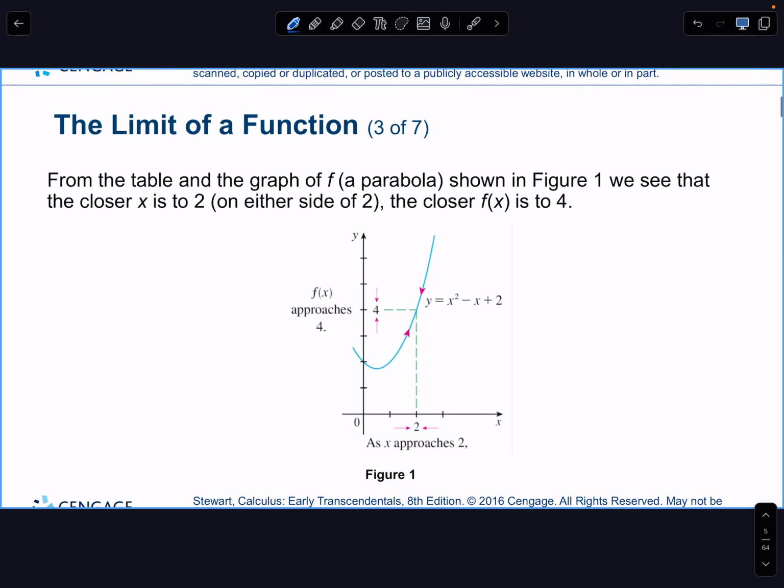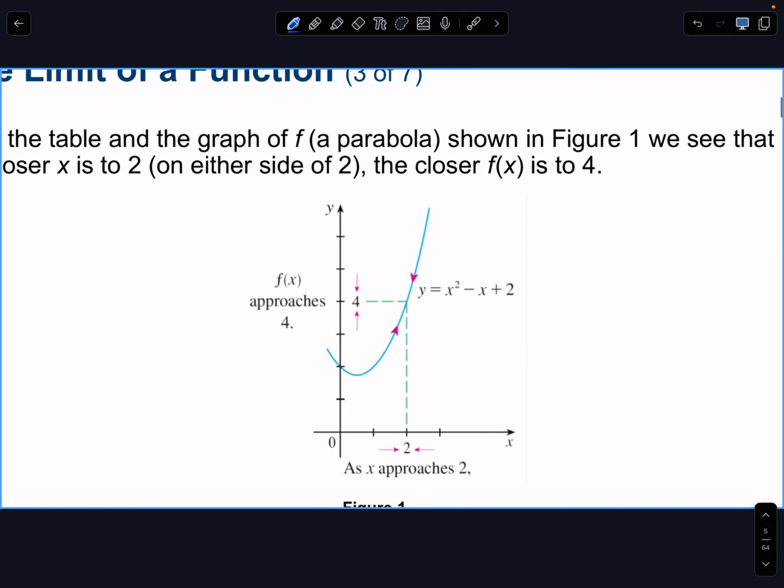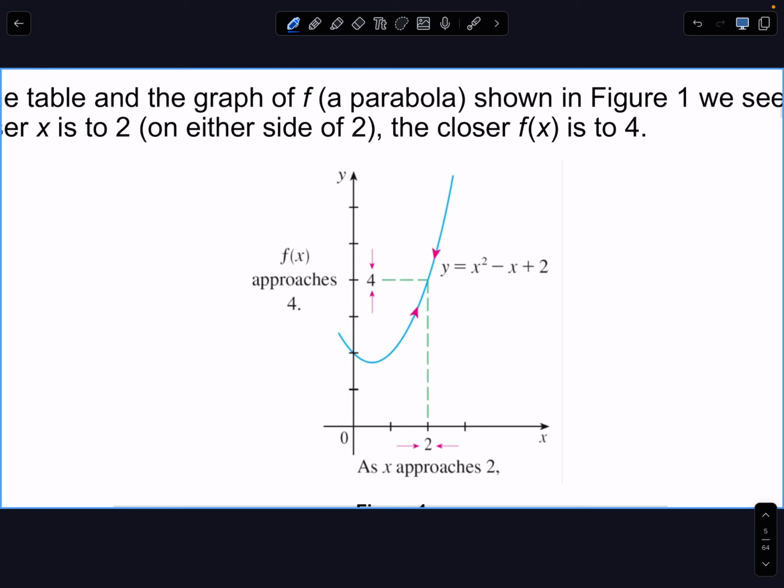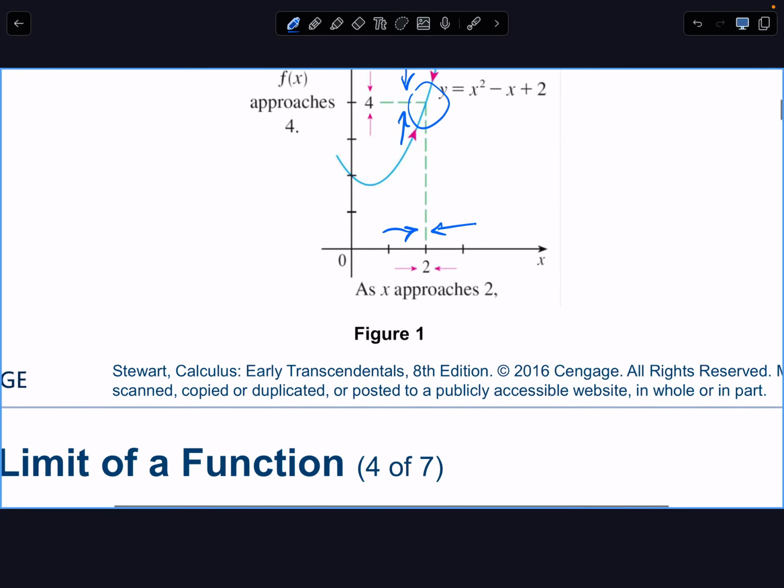Okay, so here's a picture of that function, and I hope you can see it. It's a parabola because it's x squared, and as x is approaching from below 2 and above 2, the y is also approaching a value from both sides, the value of 4.